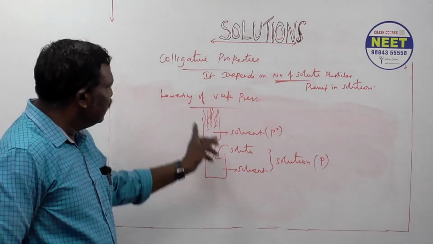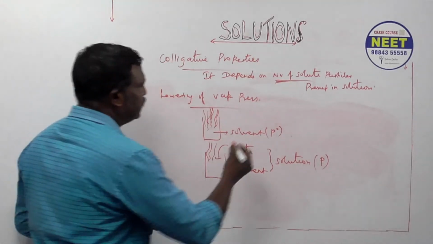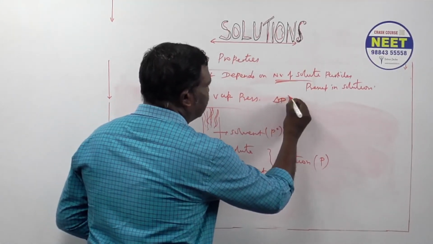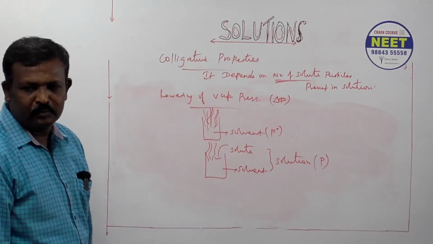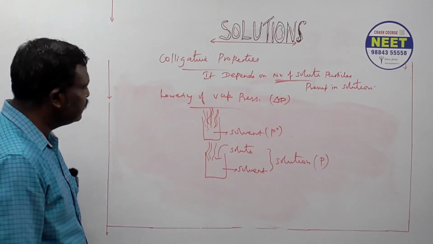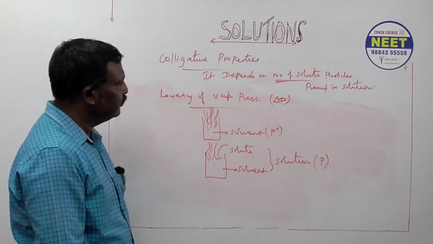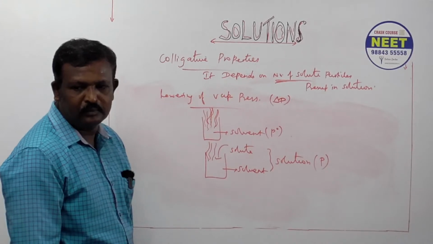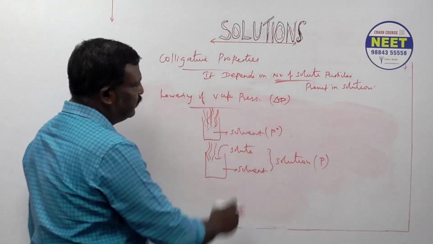It is called lowering of vapor pressure. That is represented by del P.